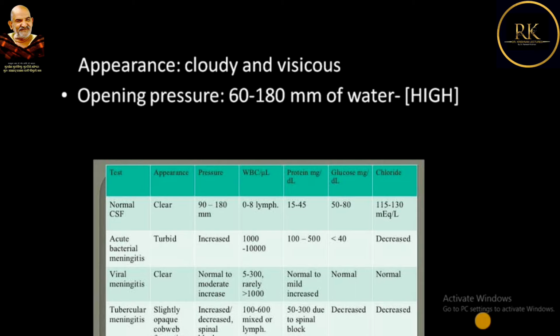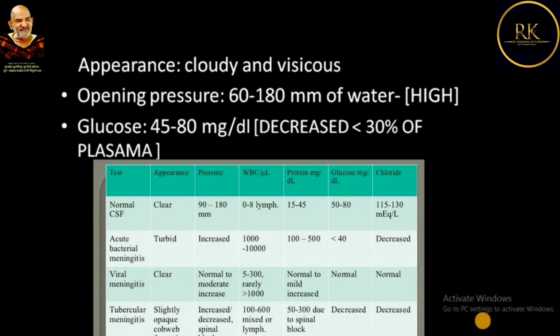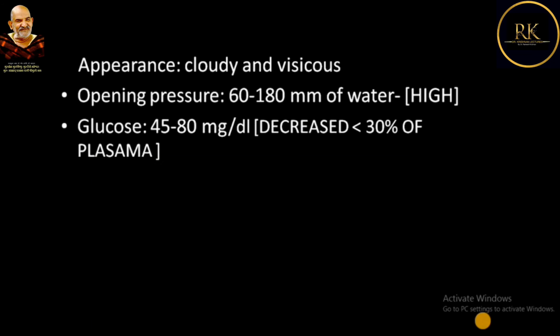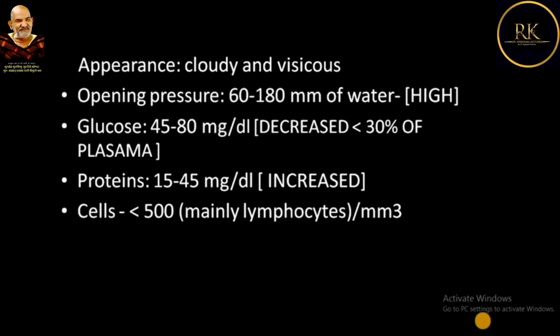Glucose level is decreased, less than 30% of the plasma, that is, it is decreased in comparison to normal range of CSF glucose. Protein level is increased in comparison to normal CSF protein level. And cells are less than 500 and mainly lymphocytes.